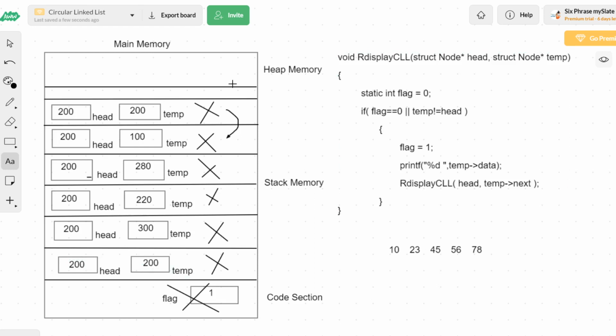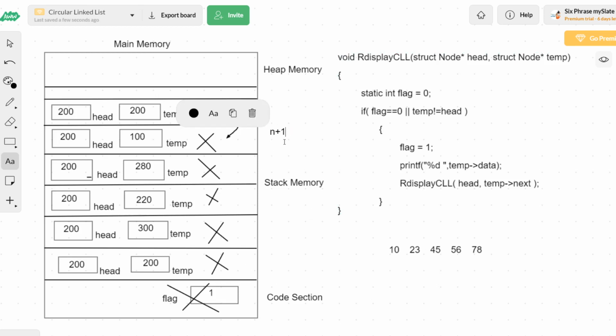So how many activation records will be created? 1, 2, 3, 4, 5, 6 activation records for 5 elements. So totally it is going to be n plus 1 activation records. Along with it, you also take the static variable, which takes only one block. It is not created inside every activation record.